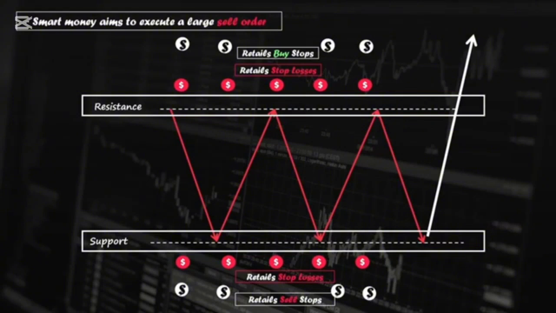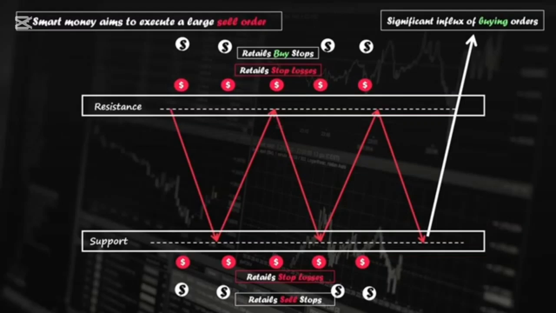Consequently, this series of actions generates a significant influx of buying orders in the market, presenting a great opportunity for smart money to execute their sell orders as they have artificially induced numerous buy orders into the market. By initiating numerous sell orders, the smart money causes the price to enter the markdown phase and push downward.